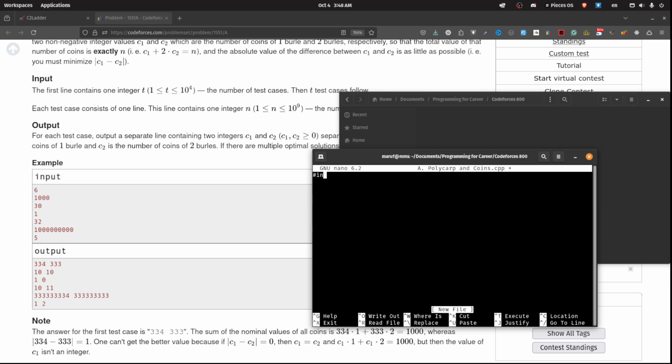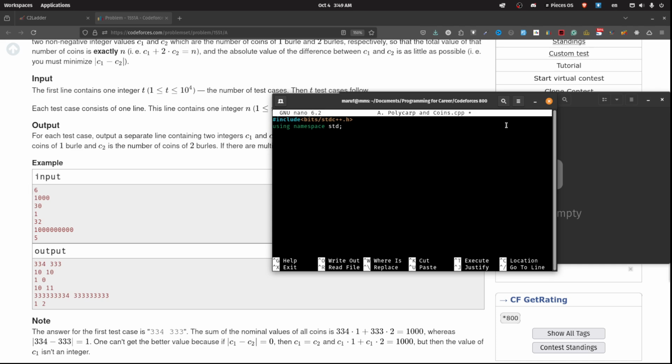So at first, take integer, hashtag include bits/stdc++.h, using namespace std. The font size is very small.